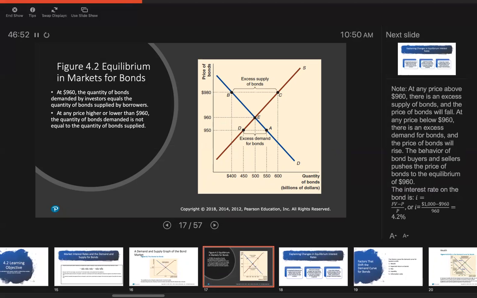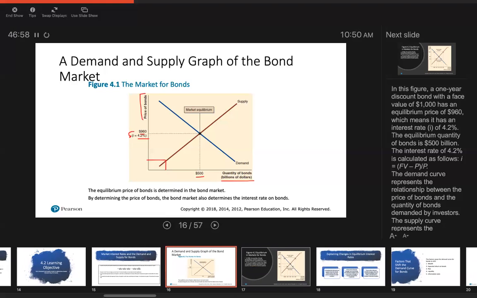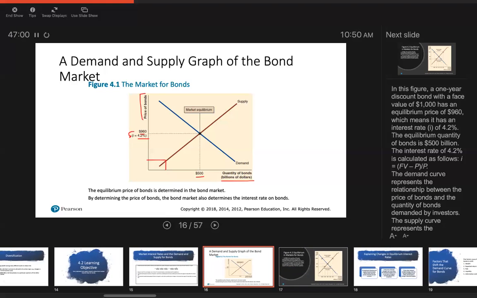Now, the usual mechanics of supply and demand are operational. So, one quick thing, if you're wondering where this 4.2% comes from, we are assuming that it's a $1,000 face value bond which is maturing in 1 year, right?